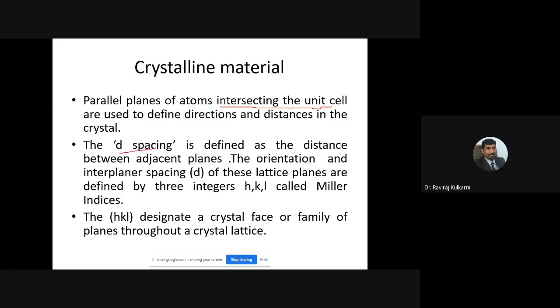D is the spacing, defined as the distance between adjacent planes. The orientation and interplanar spacing D of these lattices are defined by 3 integers, namely H, K, L, the Miller indices, which you studied at PUC level. HKL designates the crystal face or family of planes through a crystal lattice.